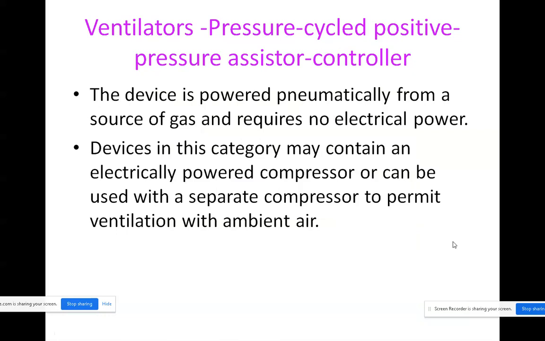The device is powered pneumatically from a source of gas and requires no electrical power. So this device will be operated based on the oxygen gas. Okay, so no electrical power is required. Devices in this category may contain an electrically powered compressor or can be used with a separate compressor to permit ventilation with ambient air.